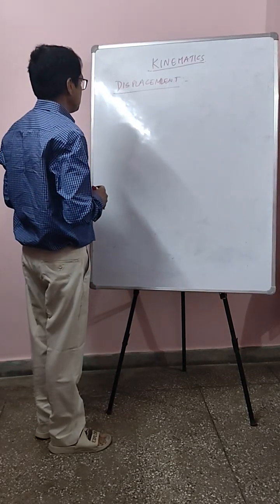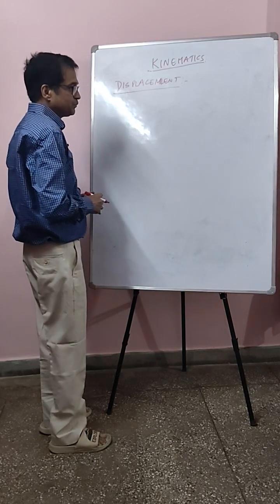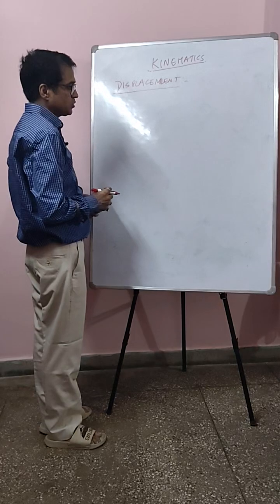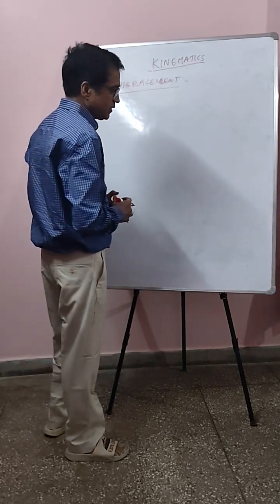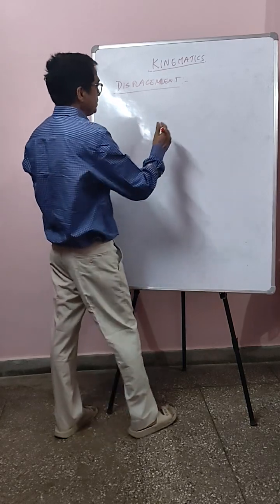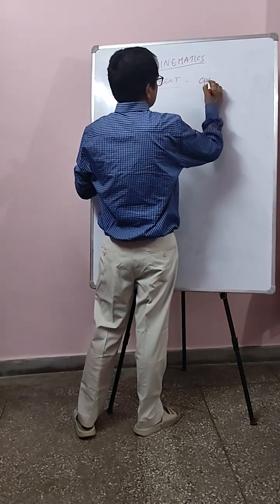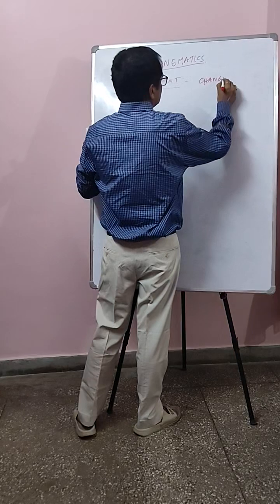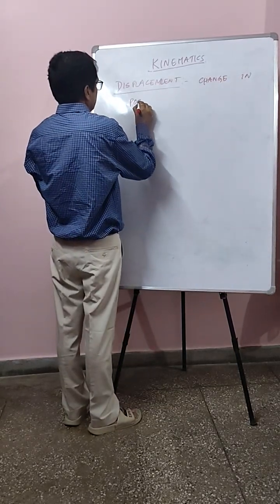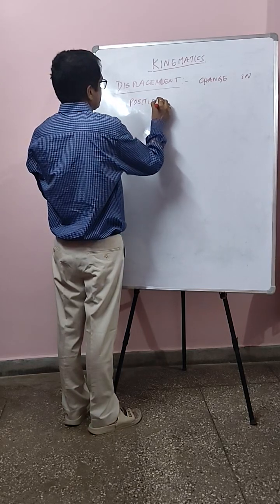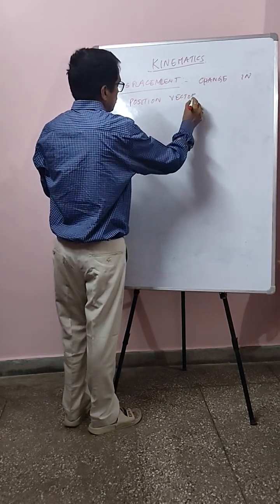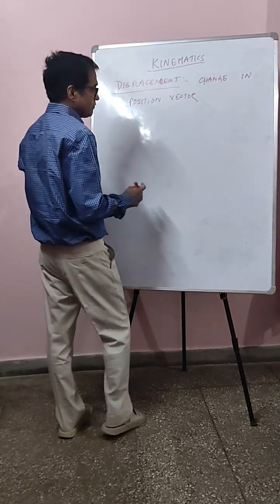Displacement is the shortest distance between points A and B. It is the change in position vector. Or a vector which joins initial and final points.